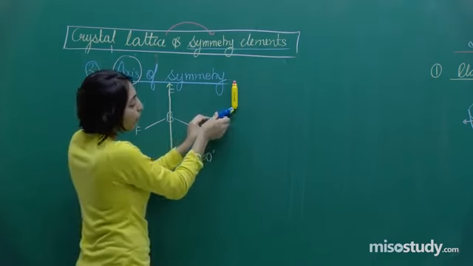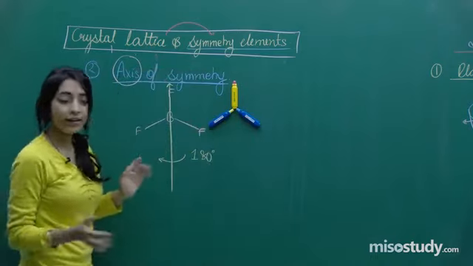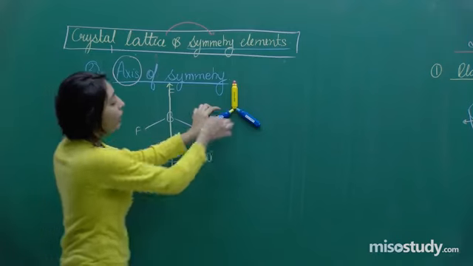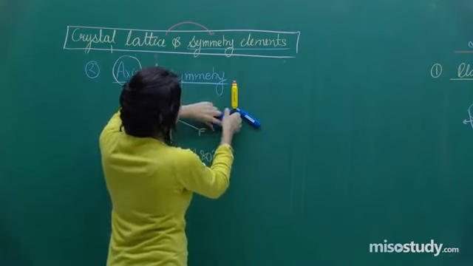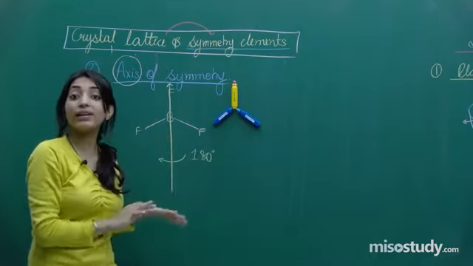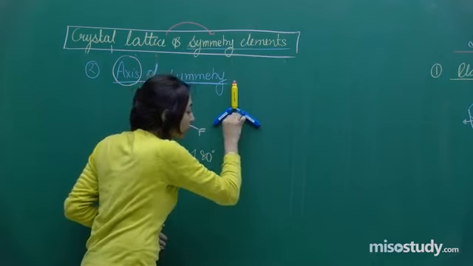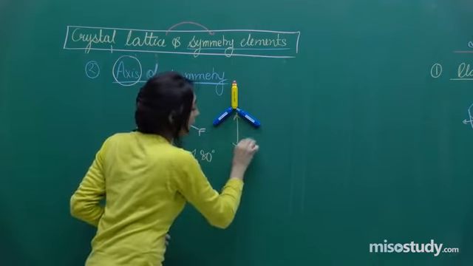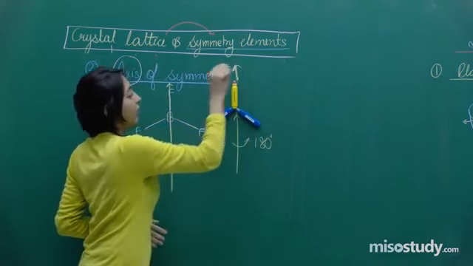Similarly, the blue one was here, now it will go like this. If I take out all these things, let me say I am taking out the chalks, you will simply feel that this molecule and the one I drew earlier are exactly the same. And this all happened because I was working at 180 degrees with this axis.